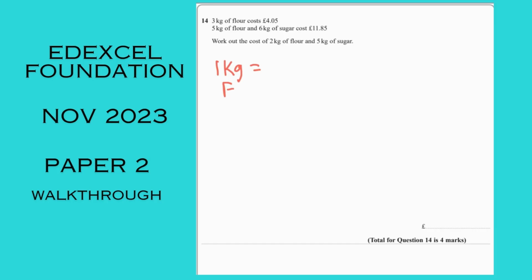So 1 kilogram of flour, 4.05 divided by 3 gives us £1.35 for 1 kilogram of flour. Then it moves straight on to 5 kilograms of flour. So let's stick with that. Don't read ahead. Times that by 5, giving us £6.75.